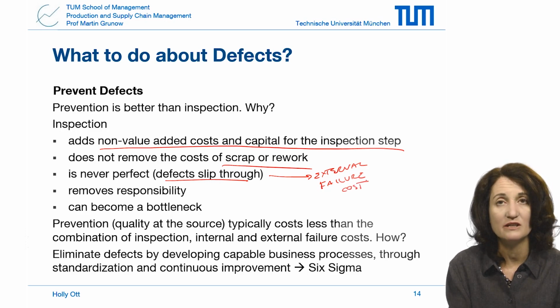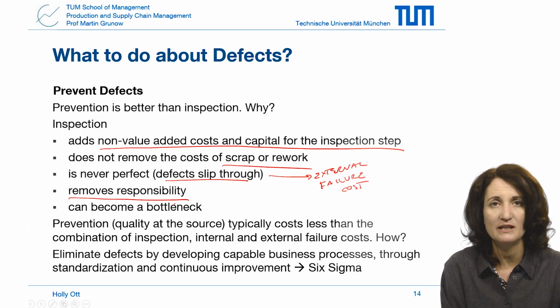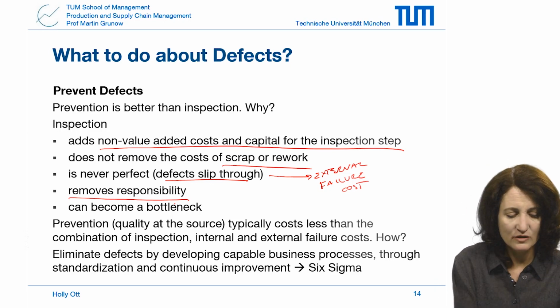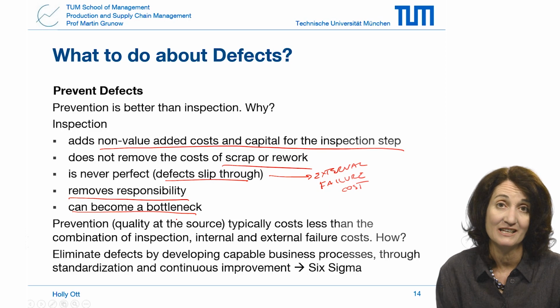Additionally, again with the idea of culture, inspecting at the end removes responsibility. And again, not that we want to finger point, but as soon as you find where the defect occurs, you can look at it and attack it right away rather than waiting until the end. And you can end up quite often finding that you have a bottleneck in your process just at the end at the inspection point.